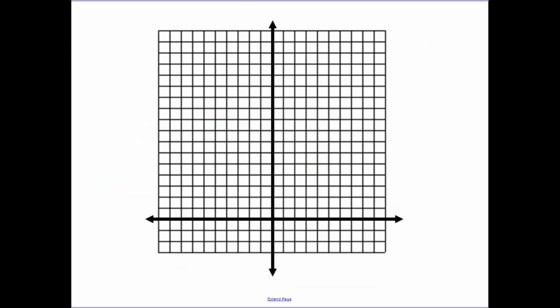Now graphing this on our calculator. We had a vertical asymptote of x equals 1. We had an oblique asymptote of y equals x plus 3.